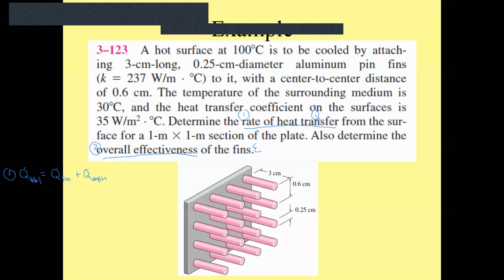So Q released from all of these fins plus Q released from the surface that has no fins.